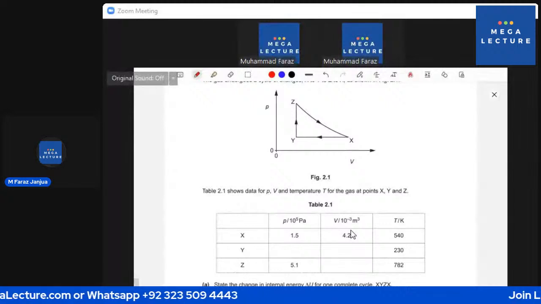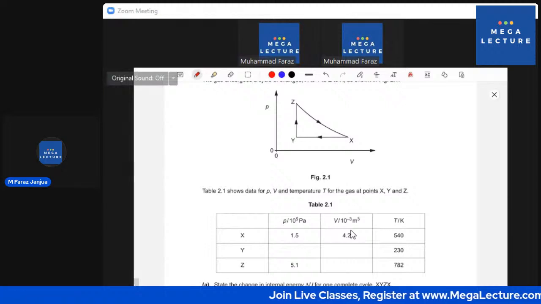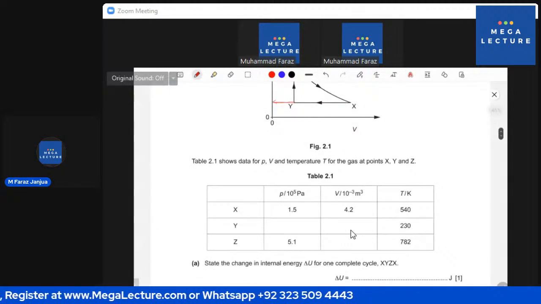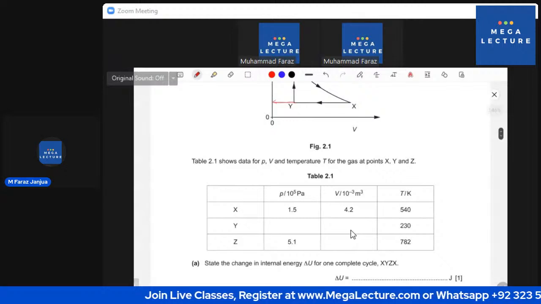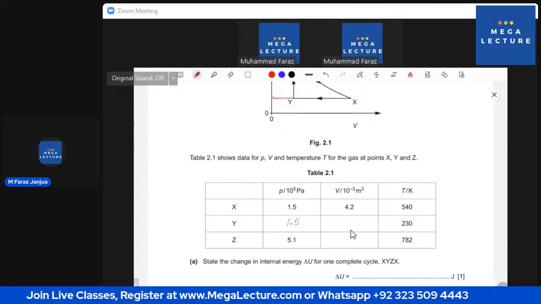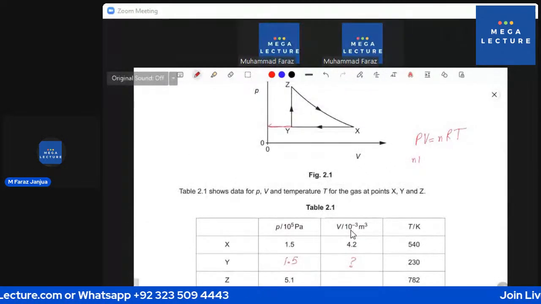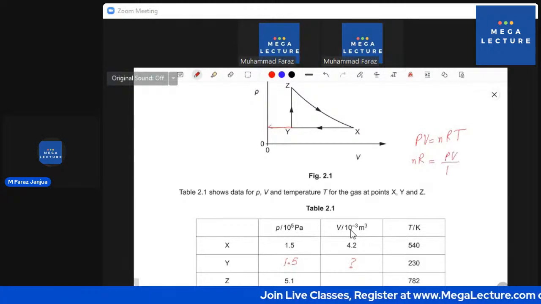At Y, what is same between X and Y? Look, the value of pressure. So we can say value of pressure will be 1.5. We have to find volume. PV equals nRT. Let's consider n and R as a single variable, then it will be PV over T. So let's find out this variable.